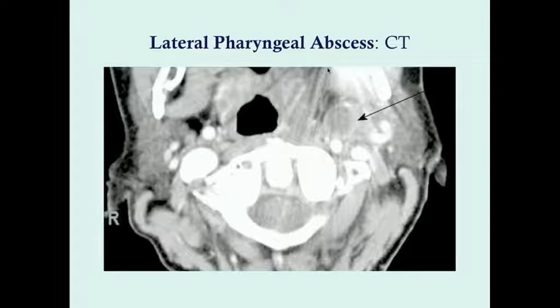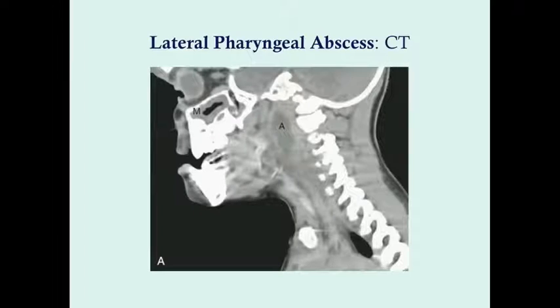Here again, there is some interference, but you can again see the abscess. And note right here, I believe this is roughly where the jugular vein is anastomosing. Okay, so here is a sagittal view. You have your abscess right here.